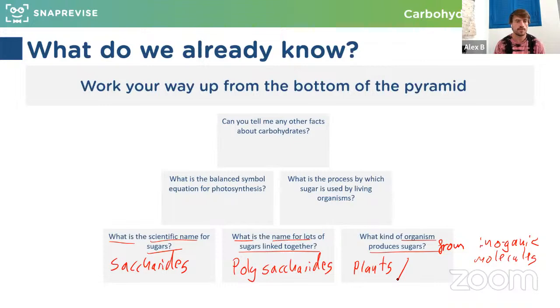Flora is a good guess. Flora is a technical scientific name for plants. So I like your thought process, but I wasn't actually thinking of flora. This isn't a synonym for plants. This is a synonym for something that makes sugars from inorganic molecules. Otherwise, flora would be a good answer.